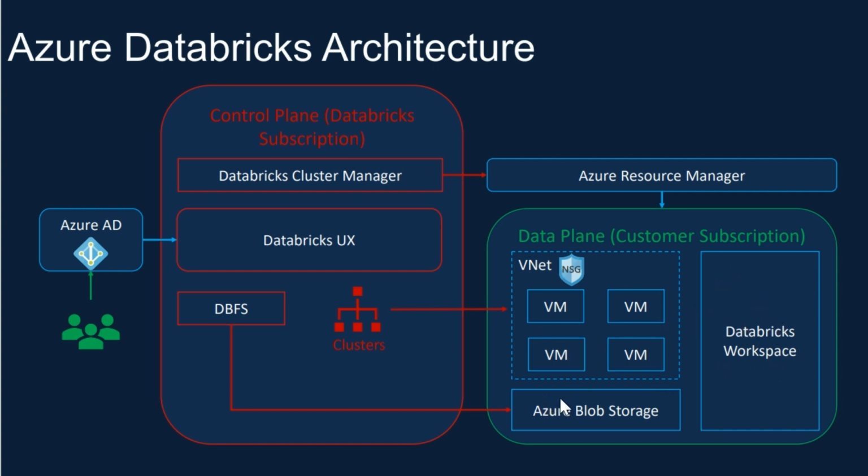This Azure Blob Storage acts as the default storage. And this is the VNet, containing a number of virtual machines, once we have created the Azure Databricks service. In this way we can create the Azure Databricks service.